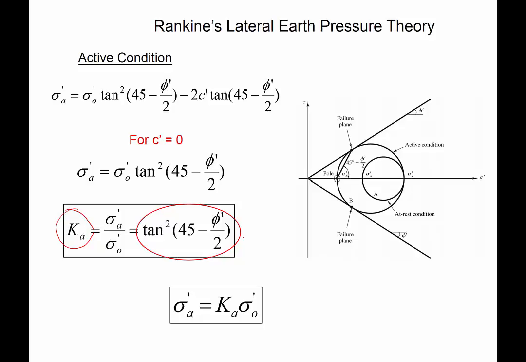And once you find out K sub A, then you can calculate the active lateral stress by multiplying vertical effective stress by the active coefficient. Now always remember, we are solving a case where C is considered as 0. That is, we are calculating active earth pressure for sand where C is 0.